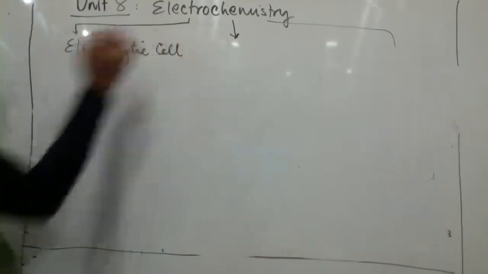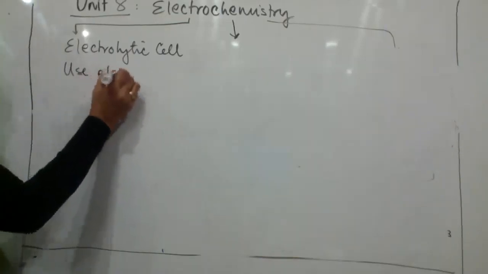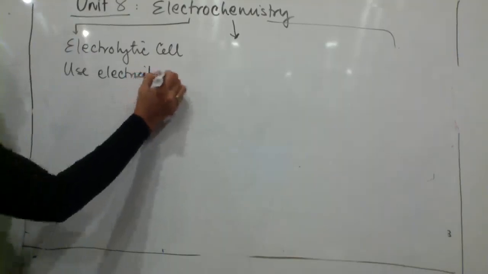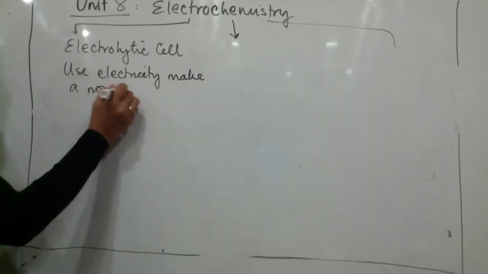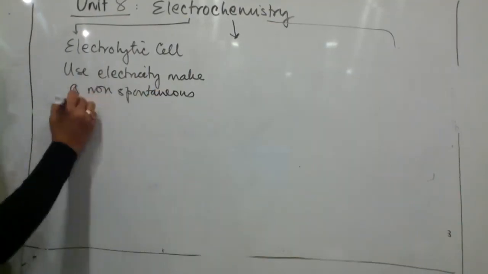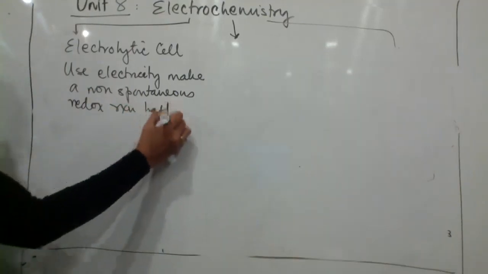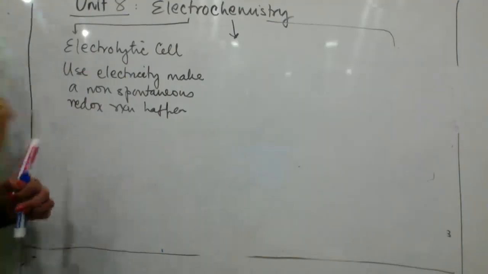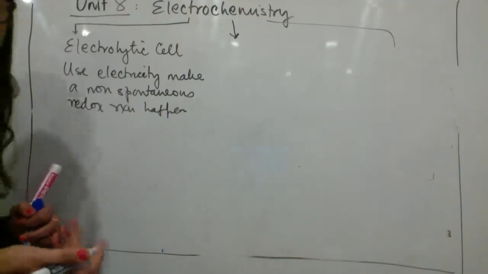Electrolytic cells use electricity, or convert electrical energy, to make a non-spontaneous redox reaction happen. A non-spontaneous redox reaction will not happen on its own, but we force this reaction to happen because it's of commercial importance to us.